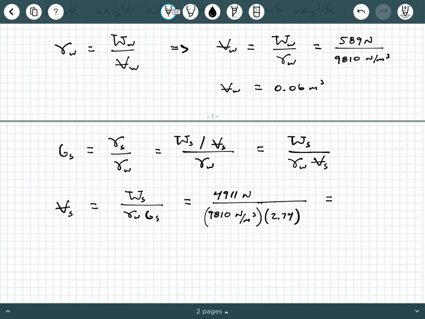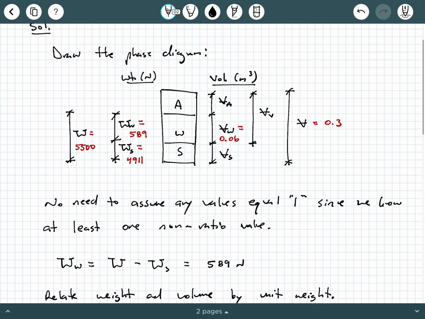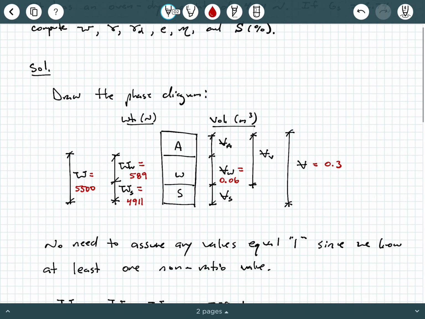So 4911 divided by 9810 times 2.74. Watch your calculator punching, but I get 0.183 cubic meters as my volume of soil solids. So I can populate that here.